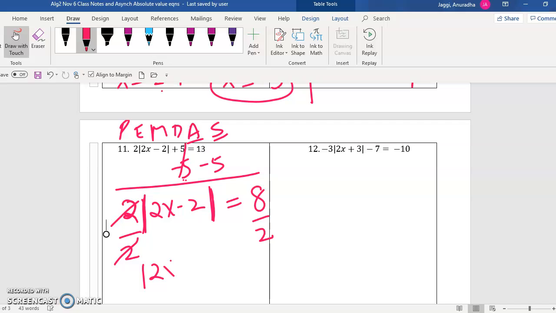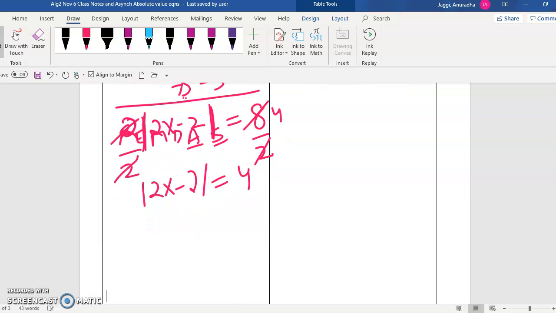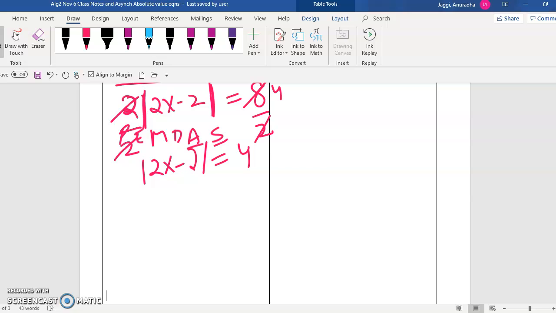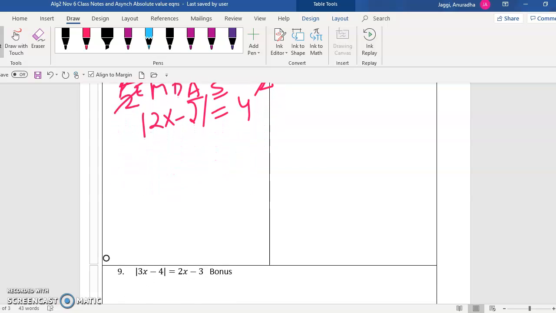The absolute value of 2x minus 2 is equal to, 2 goes into 8 4 times, is equal to 4. Okay, so now my absolute value equation is ready to split. Okay, so now I'm going to split it into two parts.